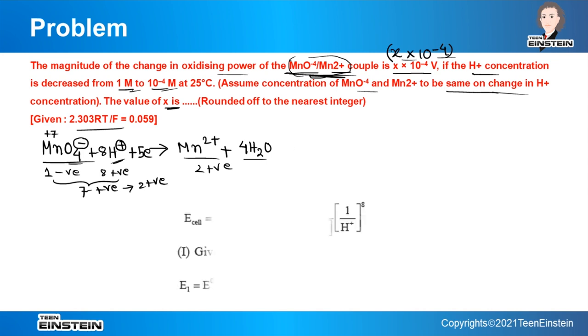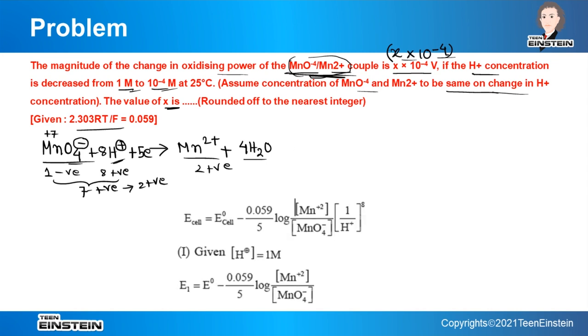So the first condition, when H plus concentration is 1 molar, under that condition the Nernst equation will be, if we put the value of H plus as 1 molar, this is the common Nernst equation that we will use in both cases.